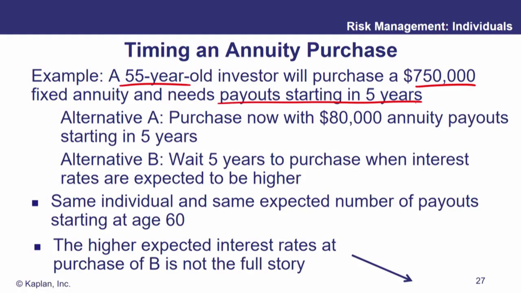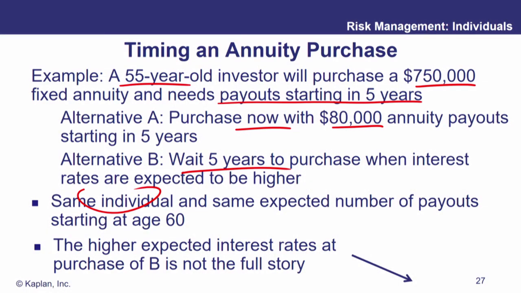Now they have a choice. They could go ahead and purchase now. And they find the quote is they would receive $80,000 as the annual payout starting in 5 years. But they have an alternative. They don't want the payouts to start for 5 years. Why don't they just wait? And they buy the annuity 5 years from now.